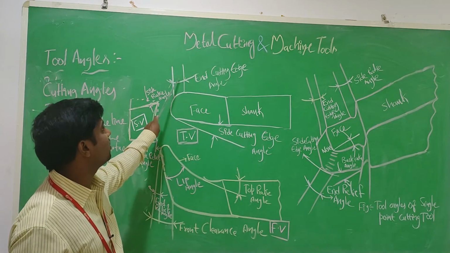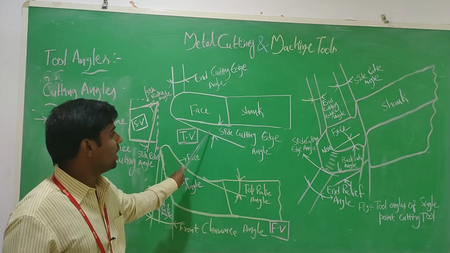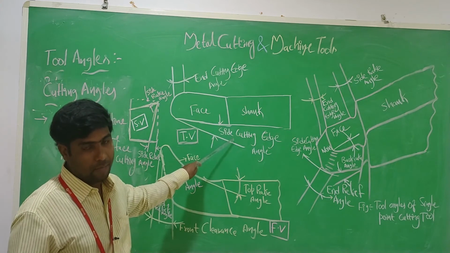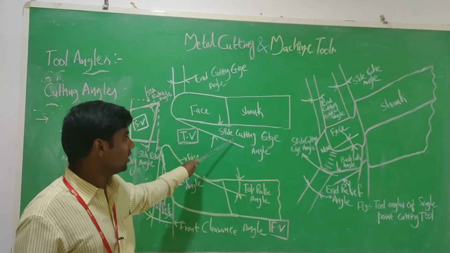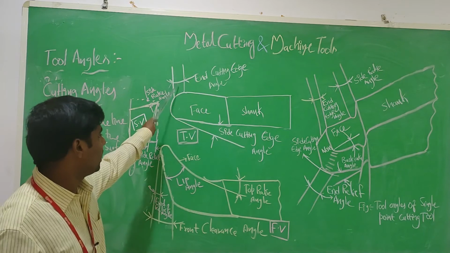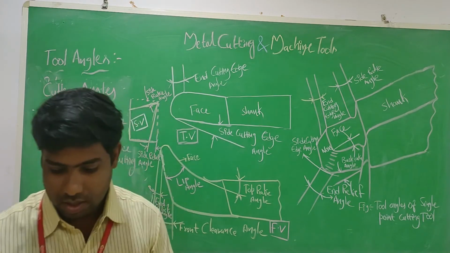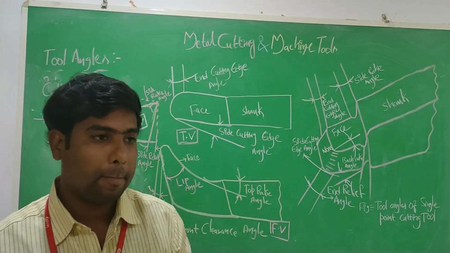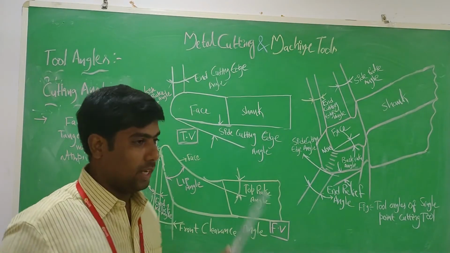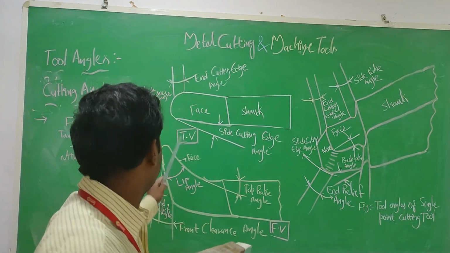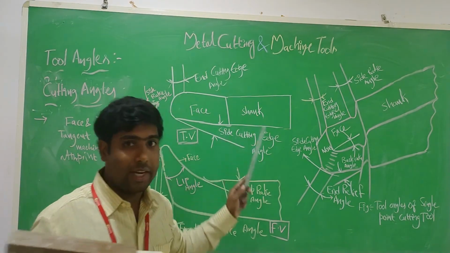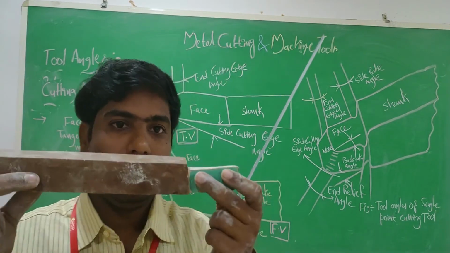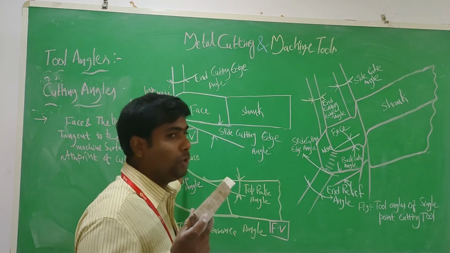You are observing the side cutting edge angle and the end cutting edge angle. Okay, friends. This is the side cutting edge angle, this is the end cutting edge angle. We will see how we allocate them in the cutting tool. I'll show what the end cutting edge angle and side cutting edge angle are. This can be visible in the top view only, right?